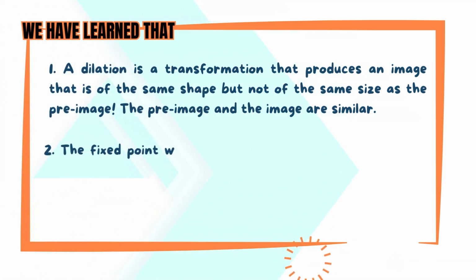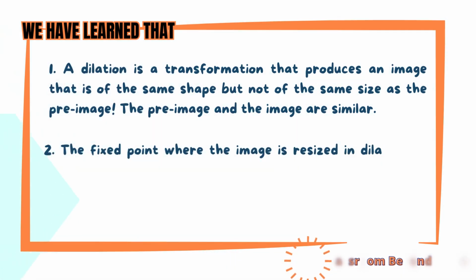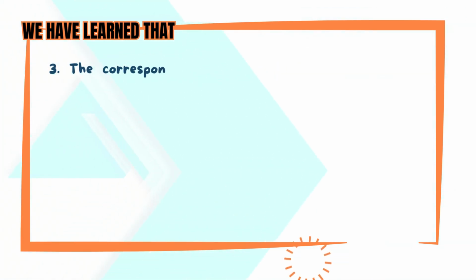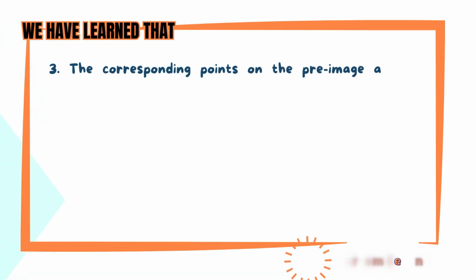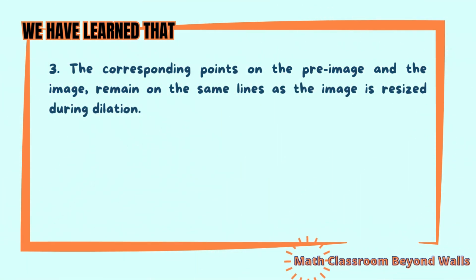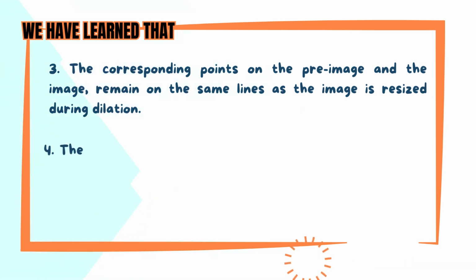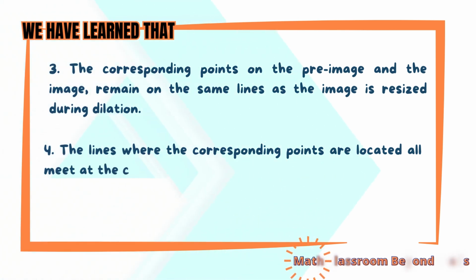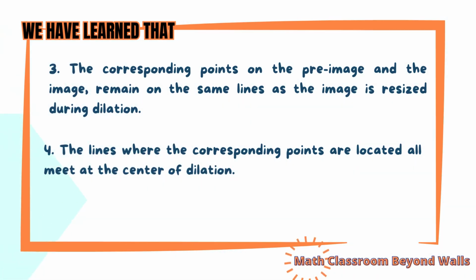Second, the fixed point where the image is resized in dilation is called the center of dilation. Third, the corresponding points on the preimage and the image remain on the same lines as the image is resized during dilation. Fourth, the lines where the corresponding points are located all meet at the center of dilation.